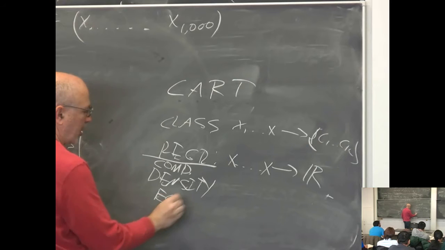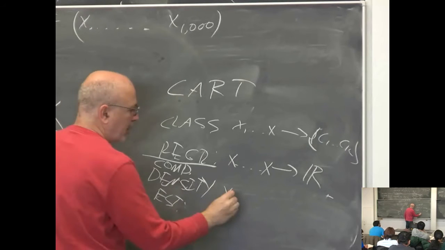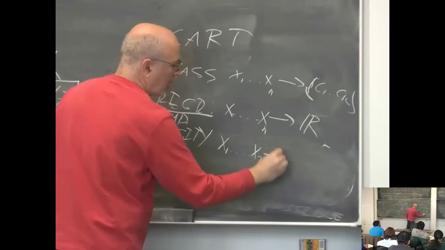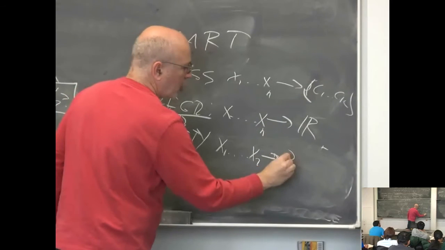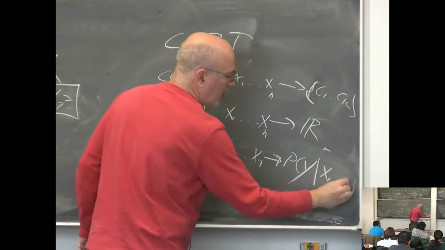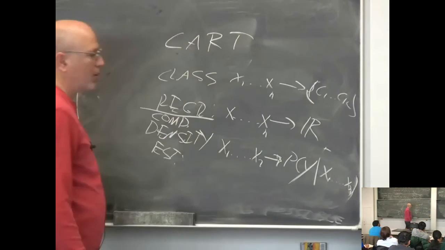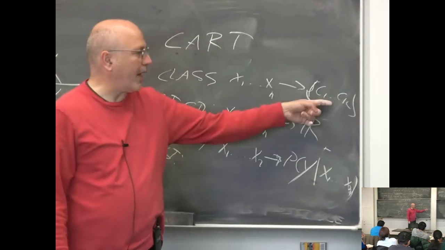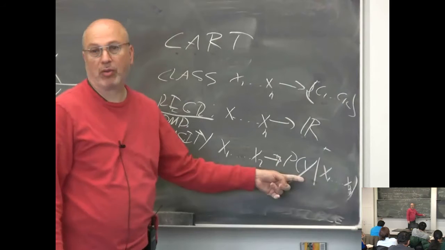Conditional density estimation is mapping the same inputs into a distribution over y conditioned on these inputs. So in other words, given the same inputs, this gives you a category, this gives you a number, and this gives you a distribution.